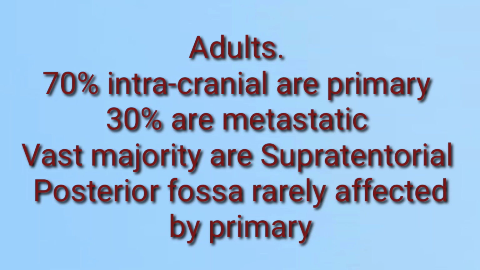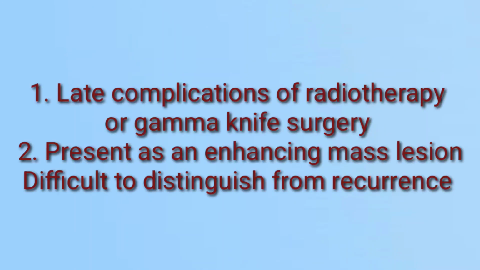The posterior fossa is very rarely affected by primary tumors in adults. A late complication of radiotherapy or gamma knife surgery is radiation necrosis, and it presents as an enhancing mass lesion, which is difficult to diagnose as to whether it is recurrence or radiation necrosis. So it's quite difficult to distinguish between these two.